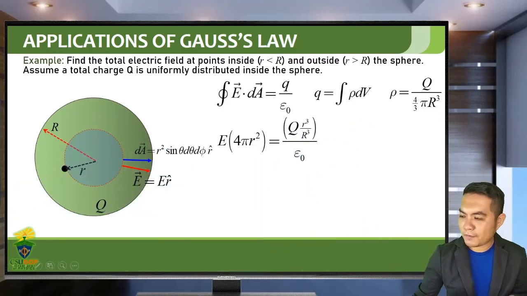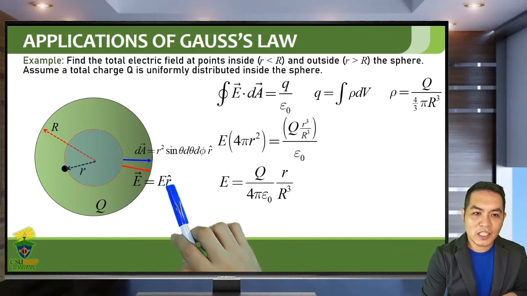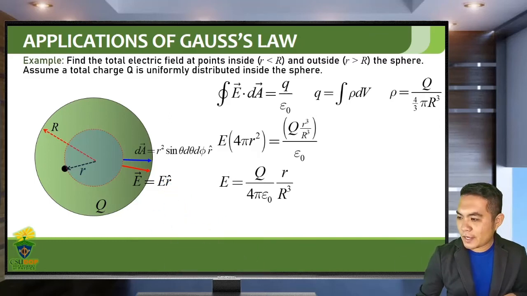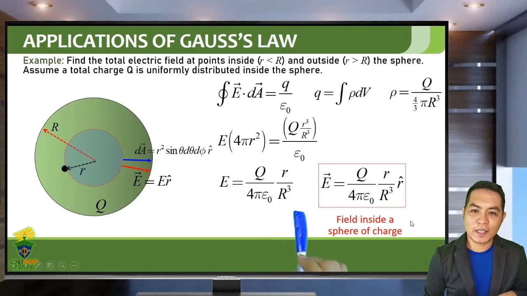So you simplify, and you get that the magnitude of the electric field inside is given by this. And since you already know the direction, r hat, then the electric field inside a sphere of charge is given by this. So you just multiply by r hat to get the electric field vector inside.